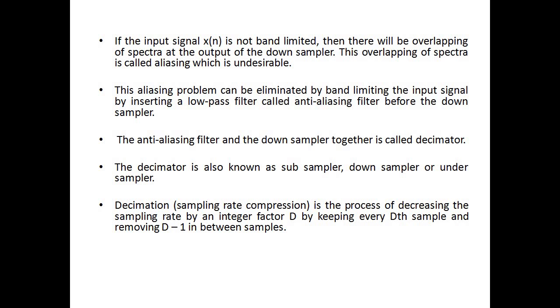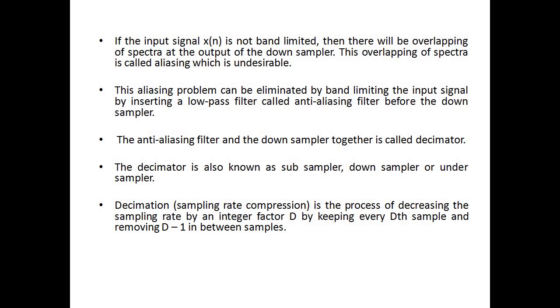So our ultimate aim in both downsampling as well as upsampling is that aliasing or overlapping should not be there in the input signal. In general, the given input signal will not be band limited, so this problem may exist.